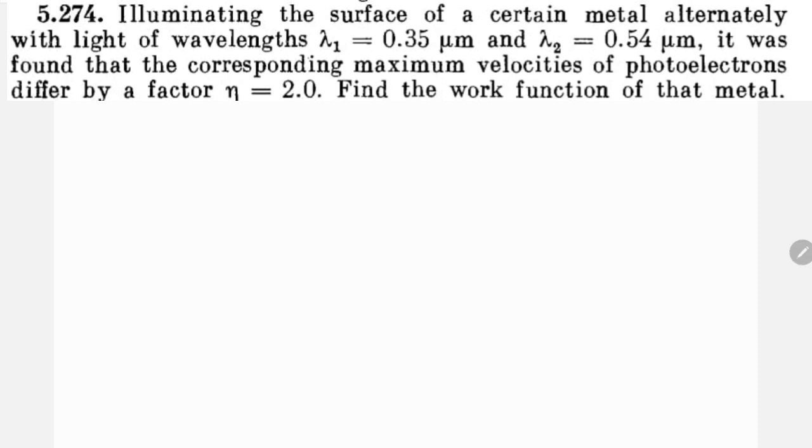So if we understand this problem, the problem is stating that we have a certain metal. When this metal surface is illuminated by light of a certain wavelength, say lambda 1, then we write the expression for kinetic energy maximum as incident energy minus work function.